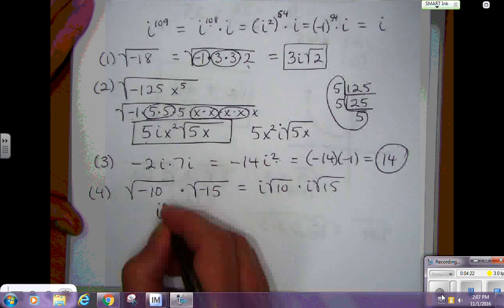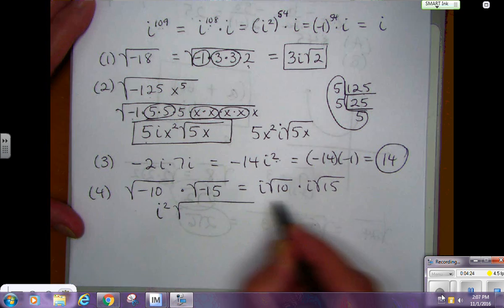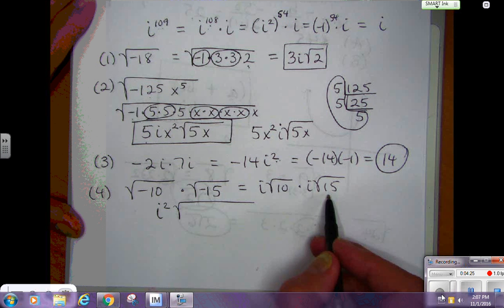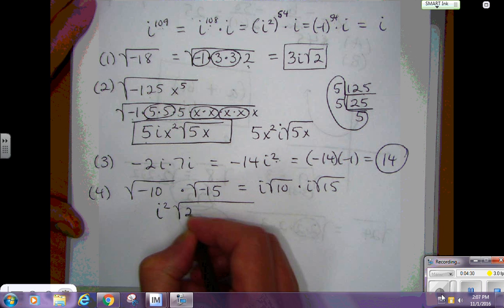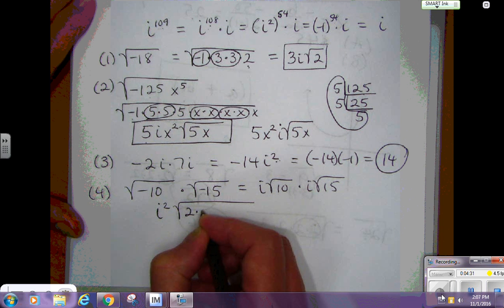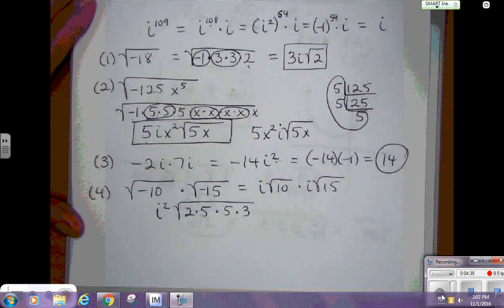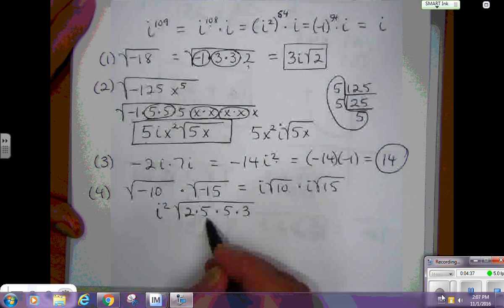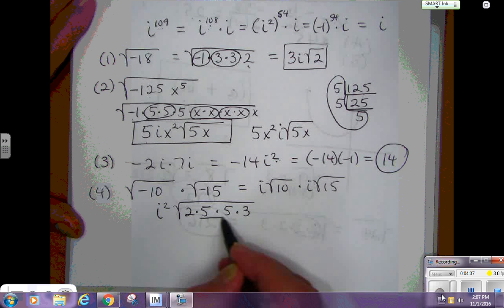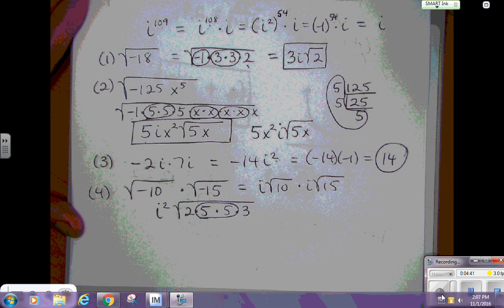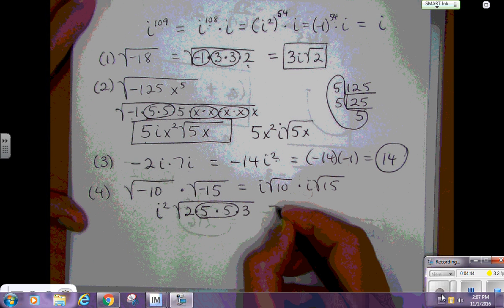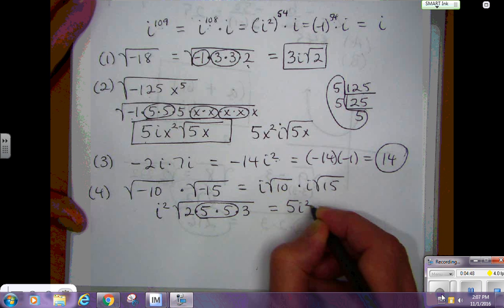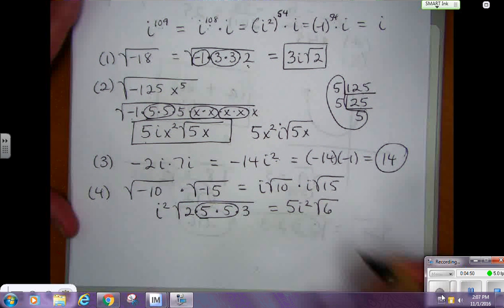You have your i squared. And instead of multiplying 10 and 15, I'm going to break them down so I can see what factors I can pair up. So 10 is 2 times 5, and 15 is 5 times 3. Okay, so I do have a pair of 5's that I can take out, but the 2 and the 3 are going to have to stay inside the root.